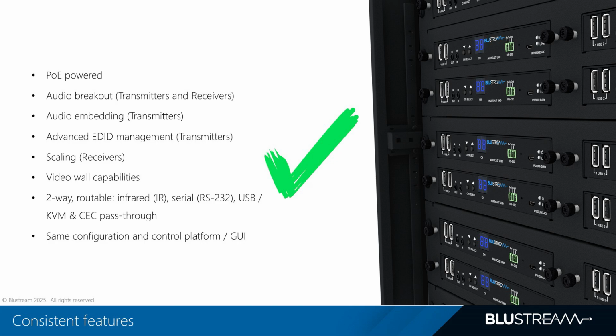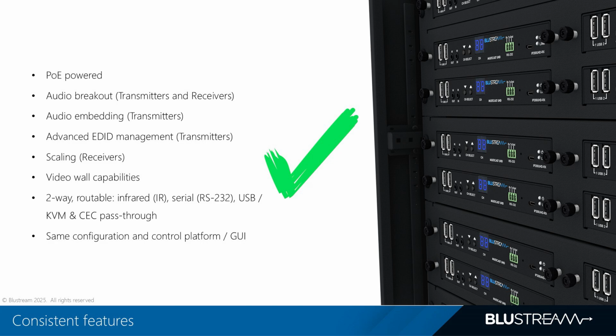Now, before we dive into the specifics of each range, it's important to understand how we've approached this differently. Across all 4 platforms, we've maintained a consistent core feature set. That means no matter which solution you choose, you can expect the same reliability, functionality, and performance standards, ensuring your system design remains intuitive, scalable, and future-ready.